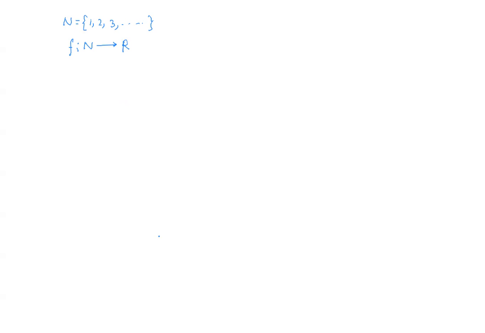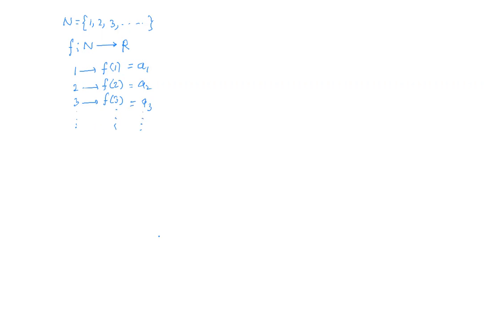Normally, the notation we follow, we write this as 1 being mapped to f of 1, okay? 2 being mapped to f of 2, 3 being mapped to f of 3, and we label them as A1, A2, A3, and so on and so forth.